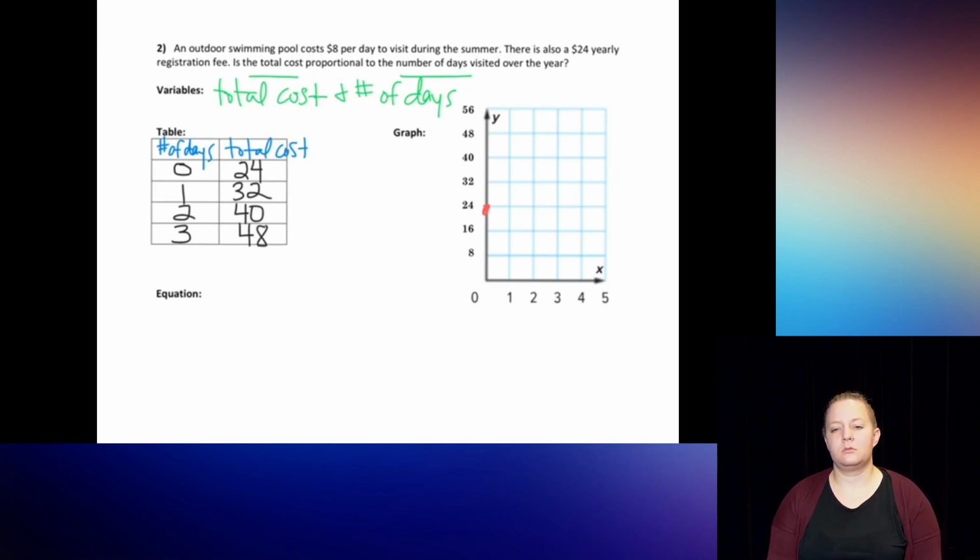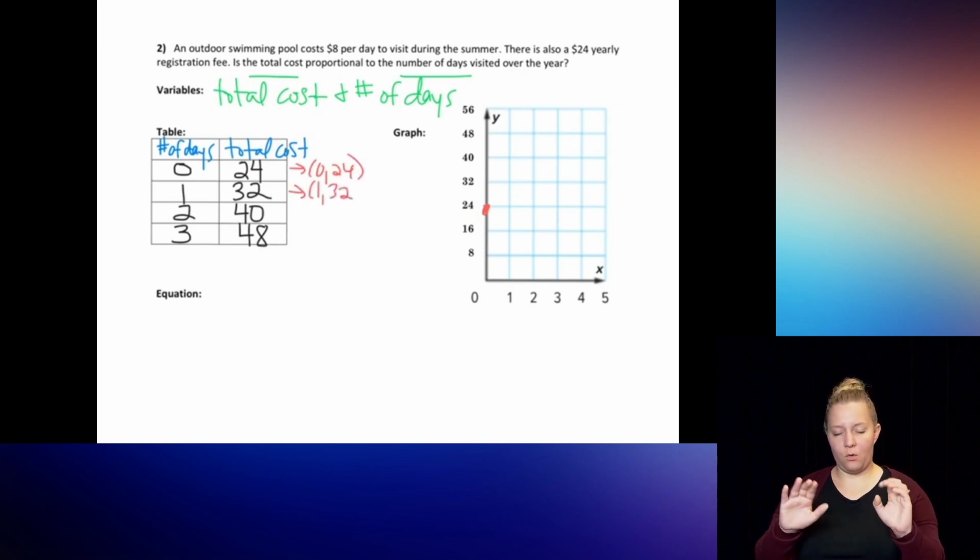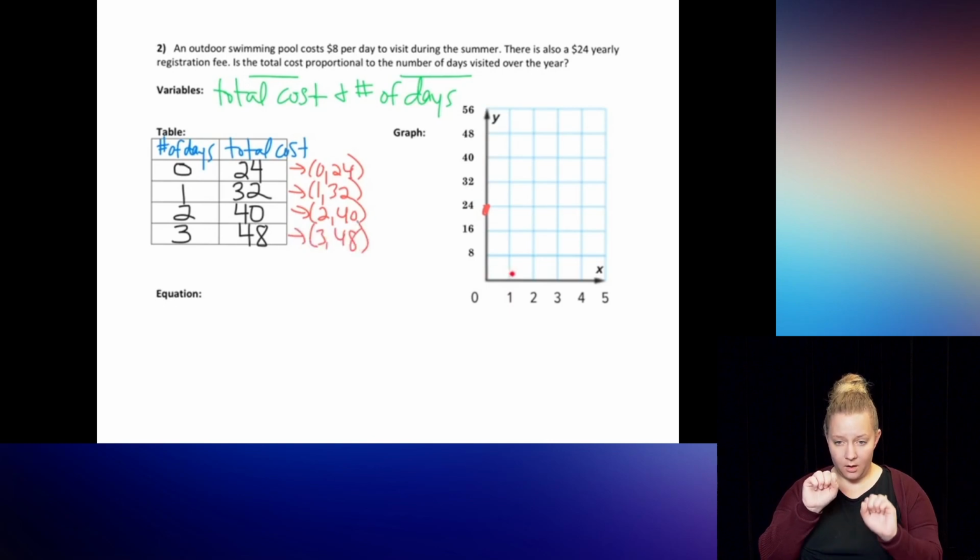Turning all those into coordinates, this is like the point (0, 24). This is (1, 32), (2, 40), and (3, 48). So I can find that on my graph by going over 1, up to the 32, over 2, up to the 40, and you keep doing it just like that for each one.